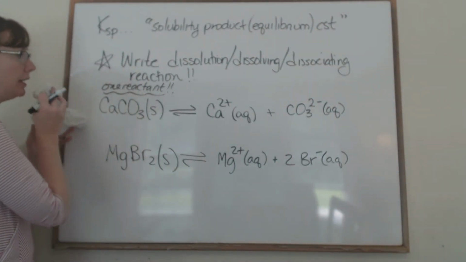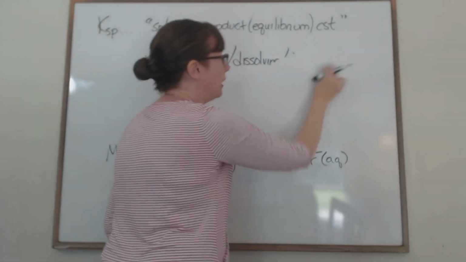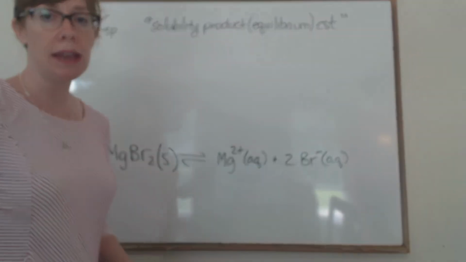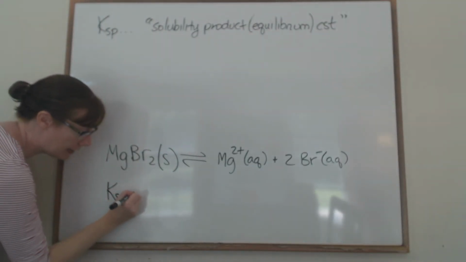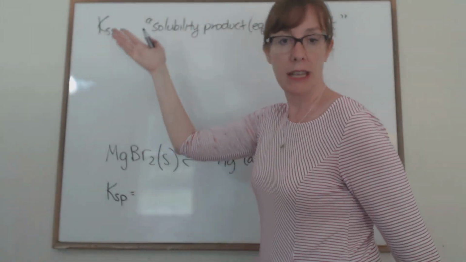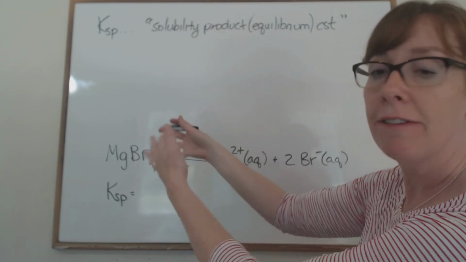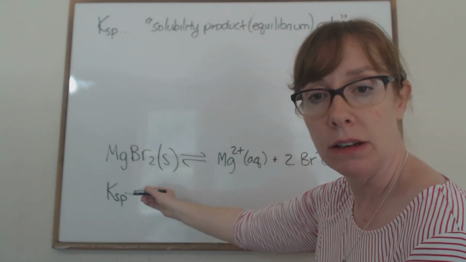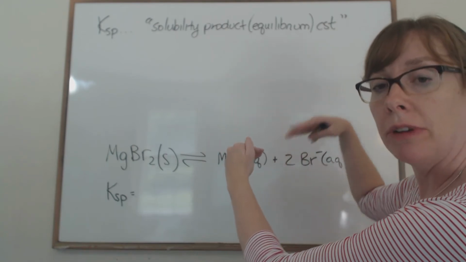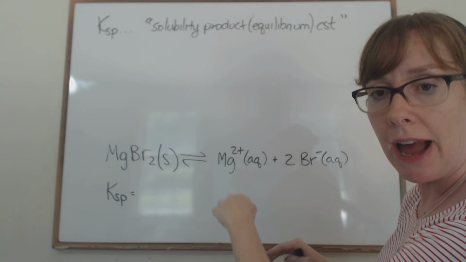Okay, now let's stay with this for a little bit here. With this one here, let me clean this up a little bit. You can write a KSP expression for this. The KSP is just the equilibrium constant for this chemical reaction. It's the K for the dissolving reaction. So all Ks are products raised to their coefficients divided by the reactants.